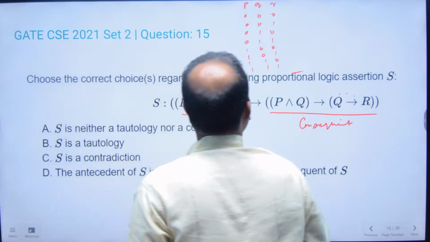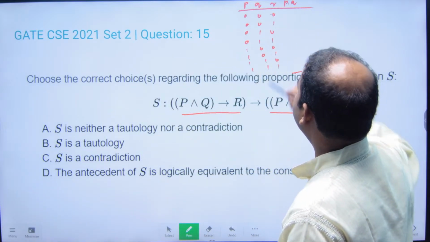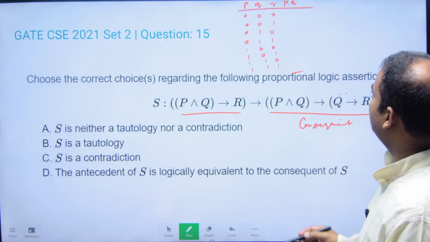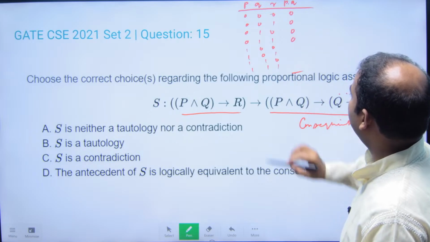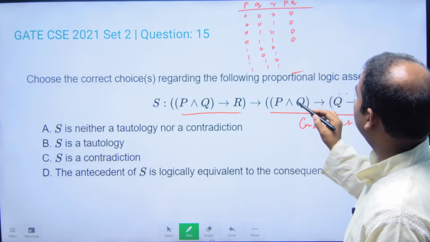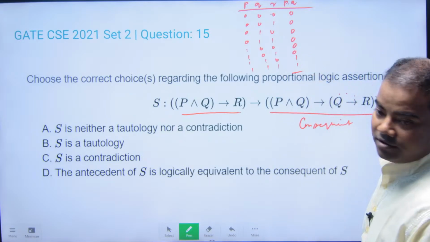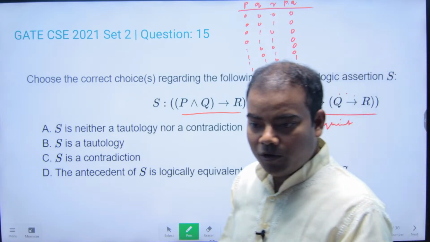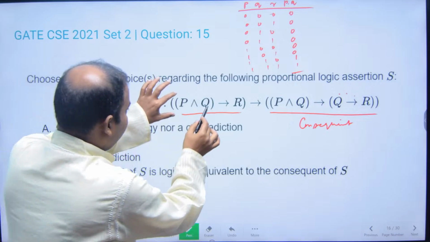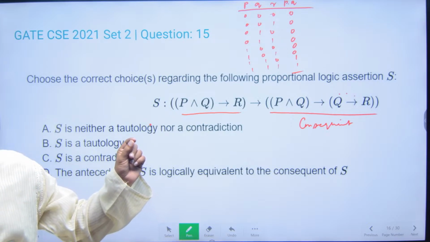Now you find P and Q. So what is P and Q? 0 0 0 0 0 0 1 1. Now if this, then this. It means if the first condition is false, then what is the truth value of the conditional statement?